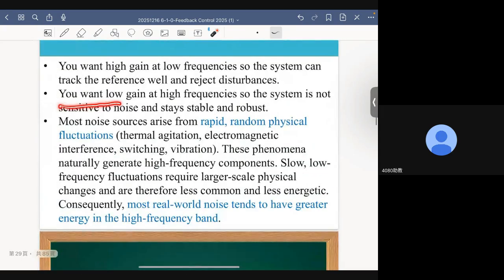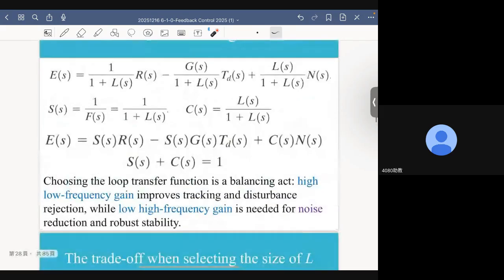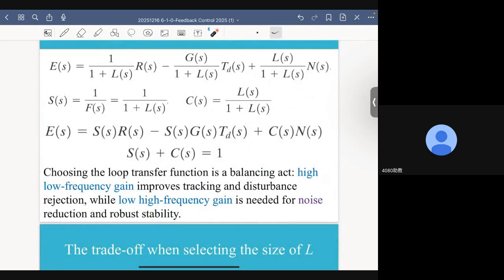You want low gain at high frequency, so that the system is not sensitive to the noise and stays stable and robust, which means by making L small and therefore C small, I can somehow reduce the impact of the measurement noise.